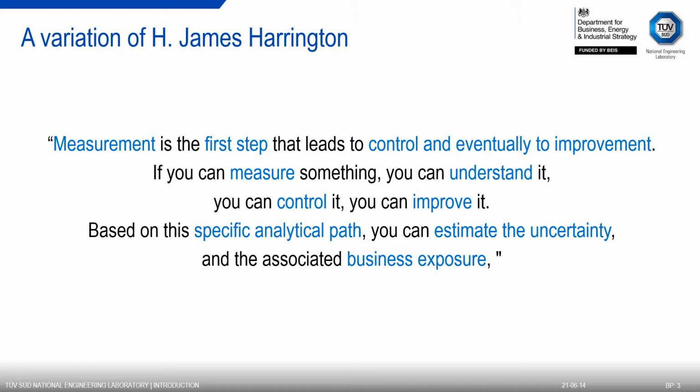It may help you to understand, control and improve it. It is through this analytical process that you will be able to estimate the uncertainty and reduce the business exposure that you may have in some cases, especially when you do some tieback with other partners.